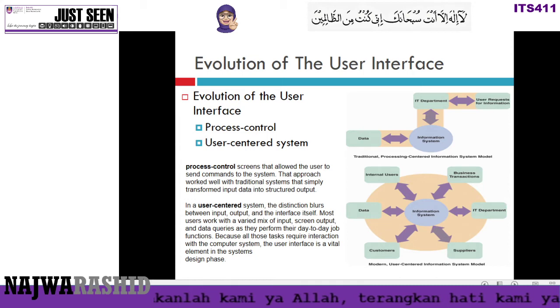All the requests from various types of users go to the IT department, and the IT department is the one that deals with the IS. However, in the user-centered model, the information system will deal with a lot of users. This means they have various types of users, and various types of users have various skills, knowledge, and experience.